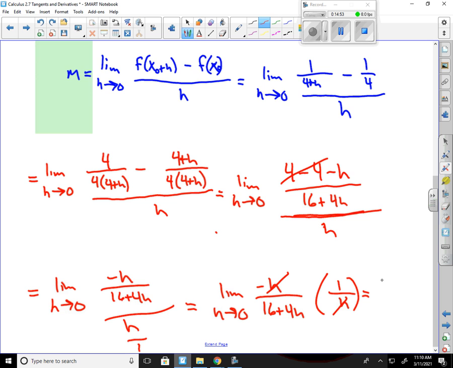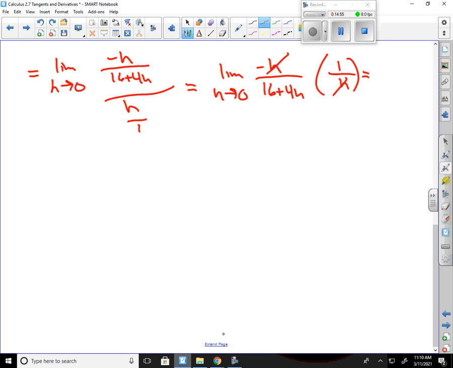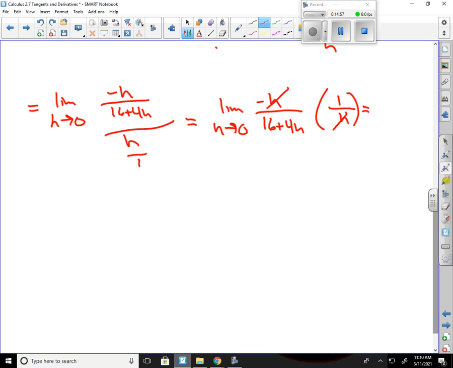I'm left with the limit as h approaches 0 of negative 1 over 16 plus 4h. I can plug my 0 in for h. That makes this back term 0. And my slope is negative 1/16.